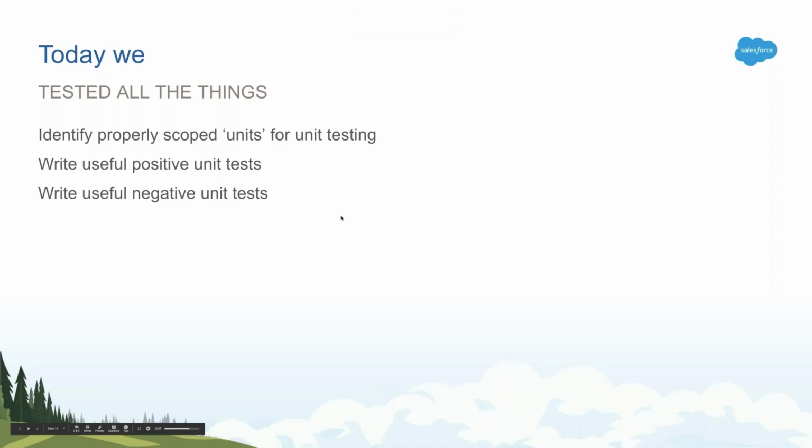There we go. So we identified some units based not off of the method, but off of a particular section of the code that we were trying to test. So with our negative test, we were trying to test a particular subsection of that method. We wrote some positive unit tests and we wrote some negative unit tests.